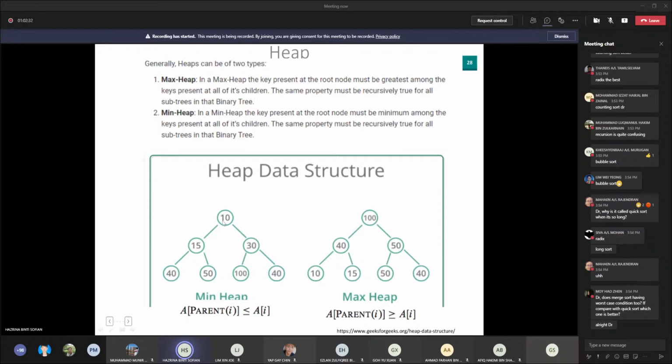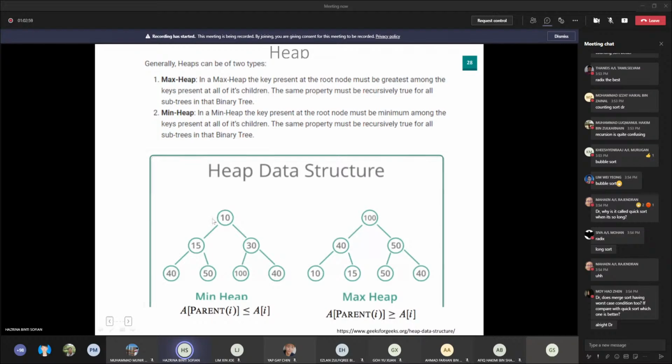So 10 is the smallest number, and you see 15 and 30 are bigger than 10. Even for this, 40 and 50 are bigger than 15. 140 is bigger than 30. So this is min heap.